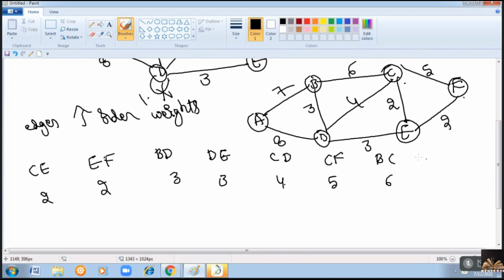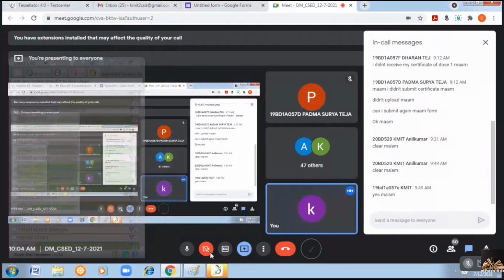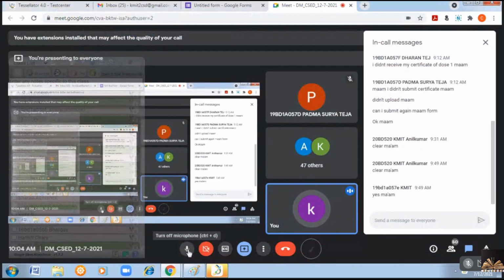After 6, the next minimum weight is A to B. Next is AD. Right? So you arrange the edges in the increasing order of their weights.